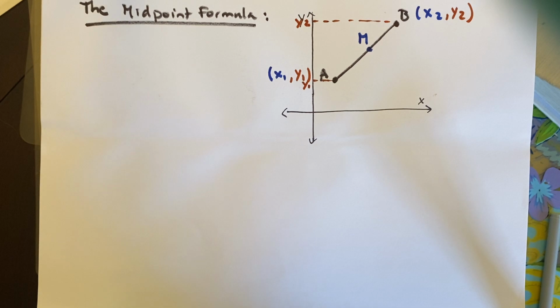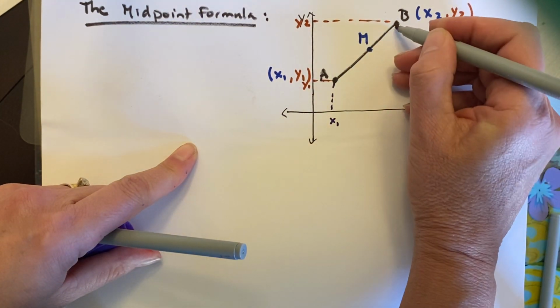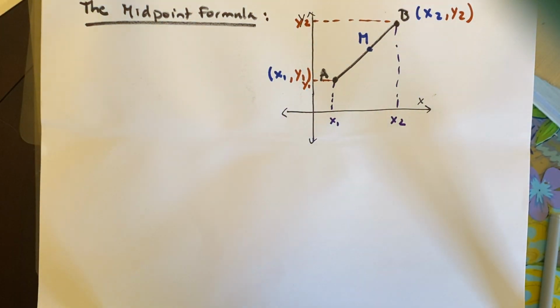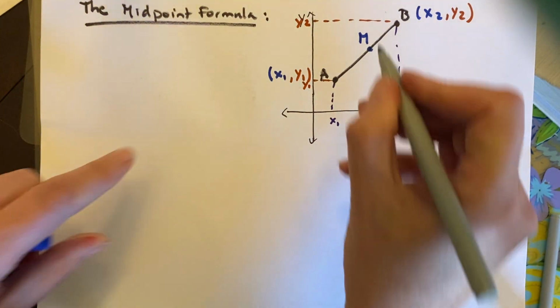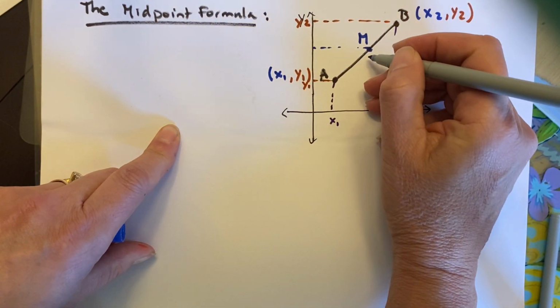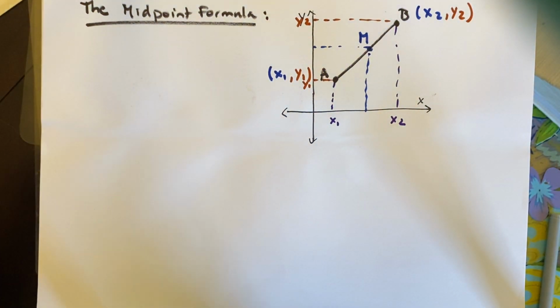And similarly, you're going to see that x1 is down here and x2 is over here. And essentially, that midpoint M cuts exactly in between y2 and y1 and x2 and x1.